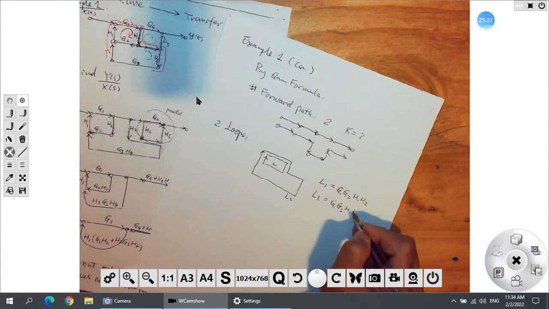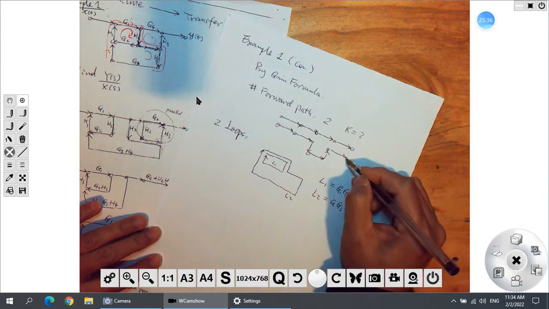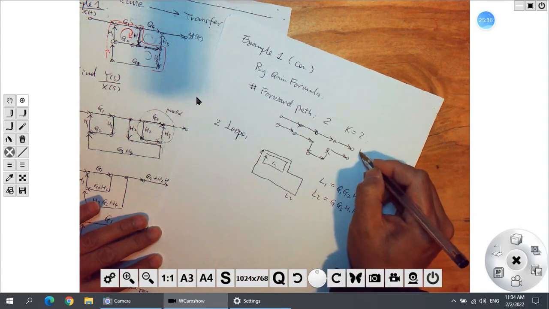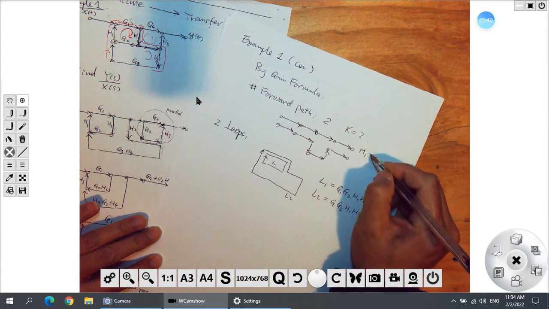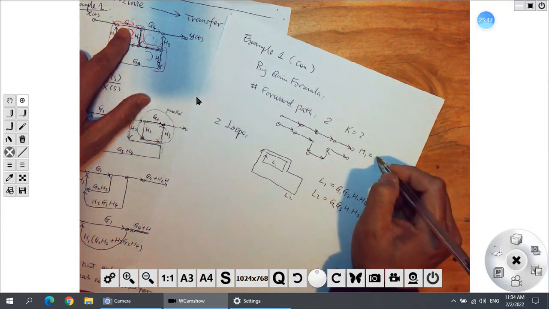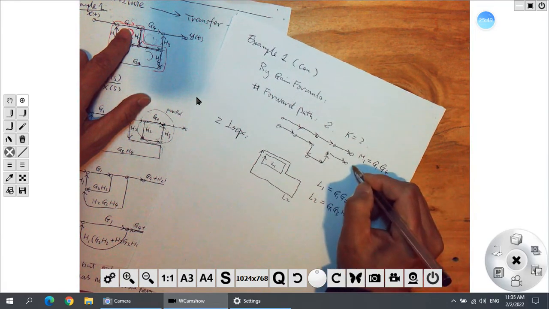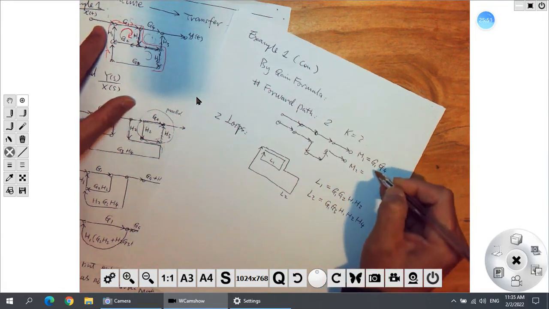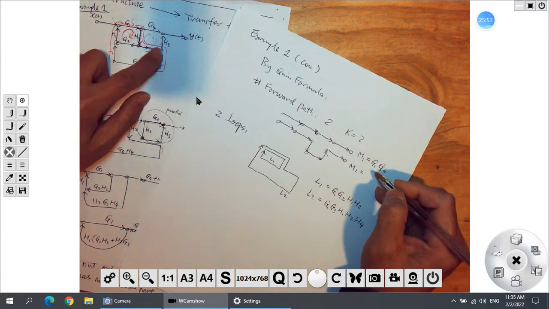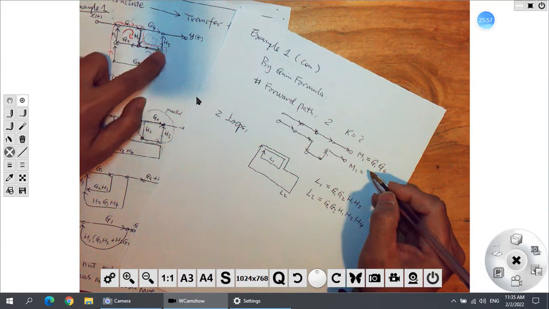H1, H2, H4 is the large loop. And here these two paths, the first path M1 goes straight ahead, this is G1 times G4. And M2, here we have a turn around, right? So we have G1, then H2 and H3.